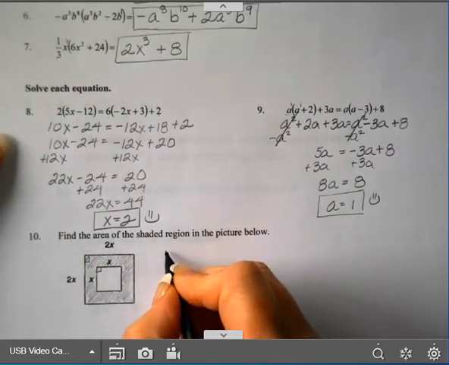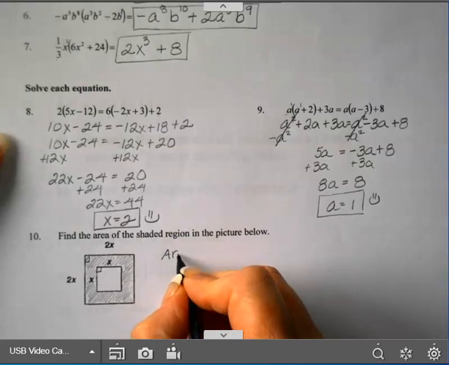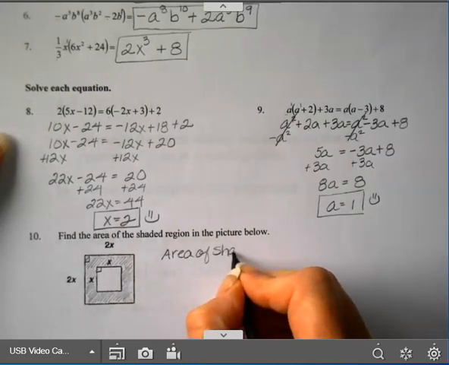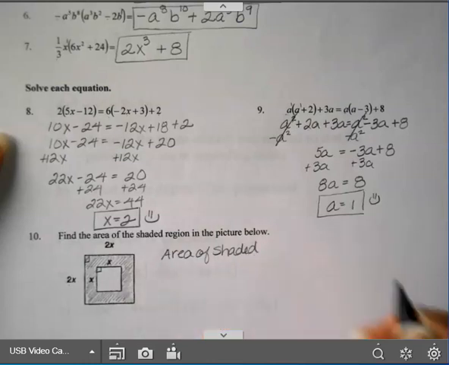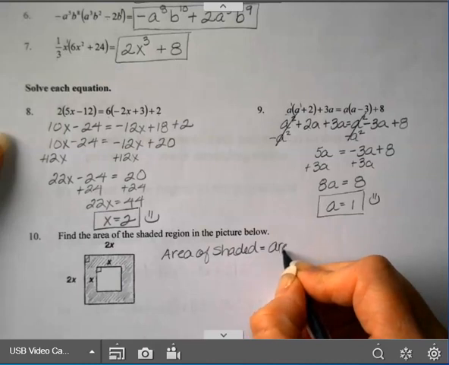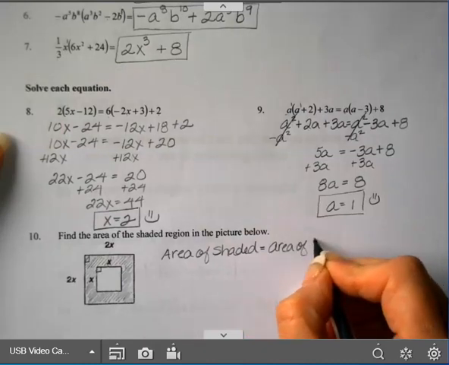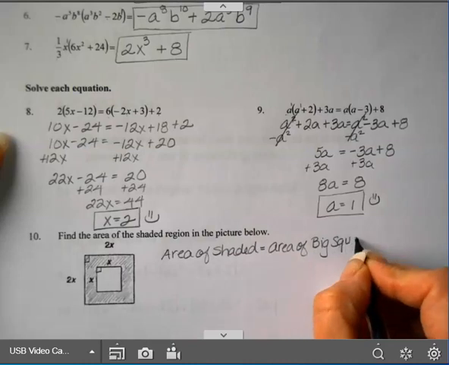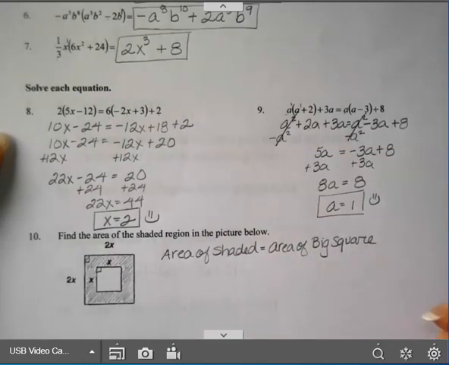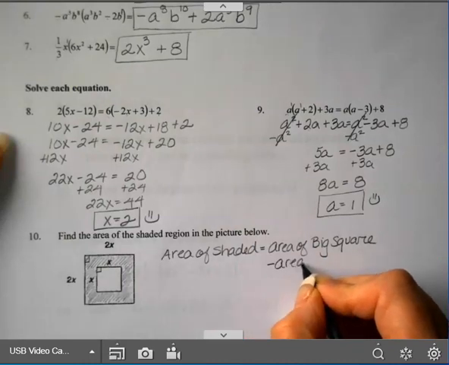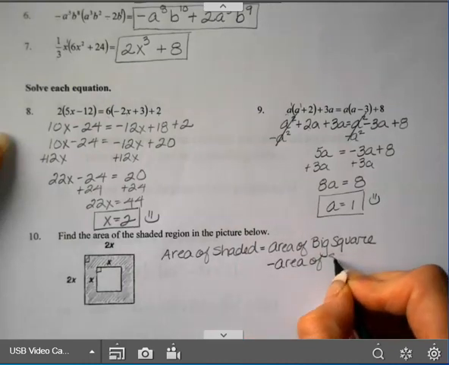And so the area of the shaded region is equal to the area of the big square minus the area of the small square.